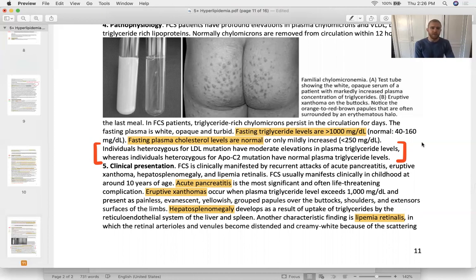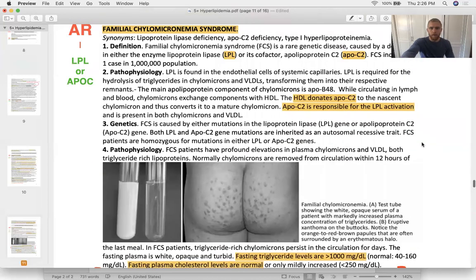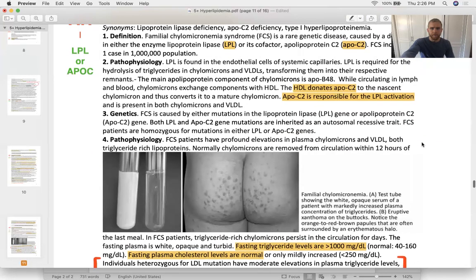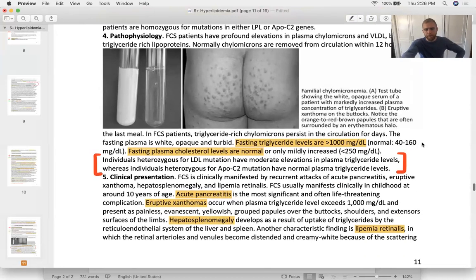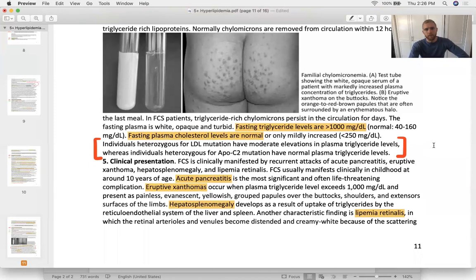And so this is not something that really affects LDL or VLDL as much as it affects chylomicrons. I feel like I misspoke there a little bit, so kind of disregard my explanation for that high triglyceride level. Just know that triglyceride levels are through the roof in this syndrome.